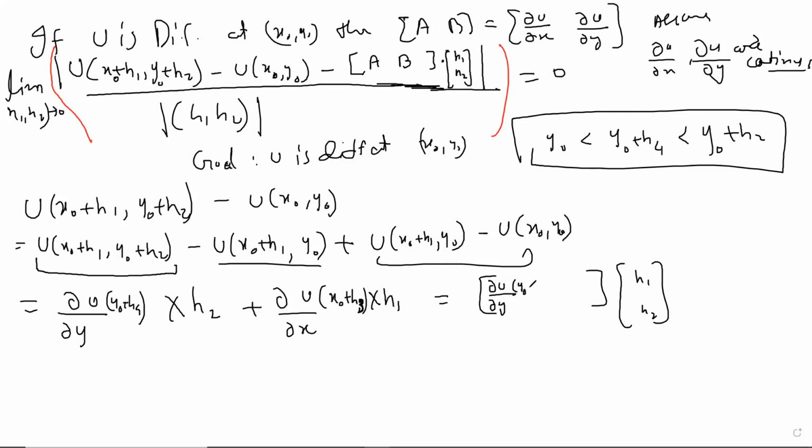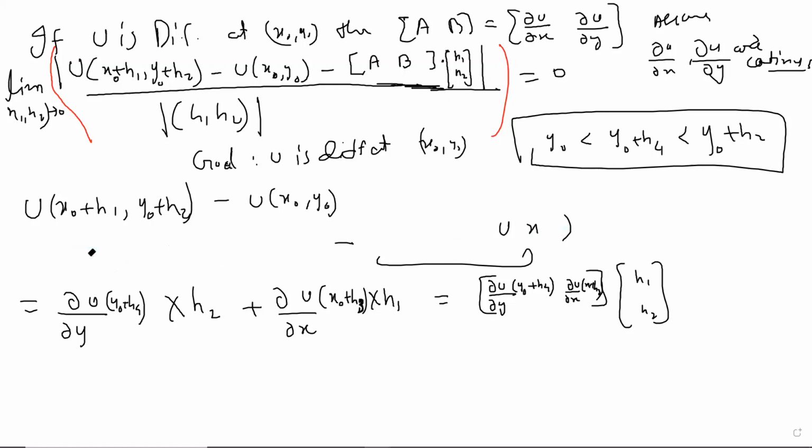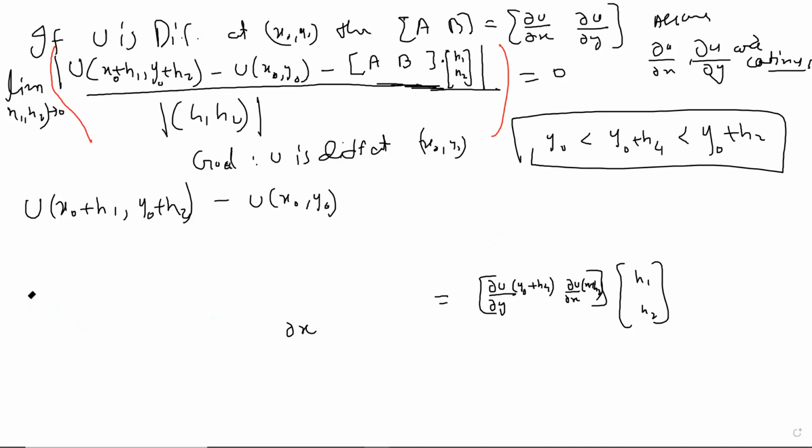It is just a function in h4, phi of x naught plus h3. Right? As I was saying, this difference, if you forget about it, this is fine. I'm just removing all this.